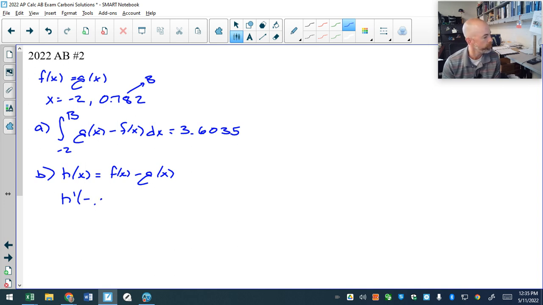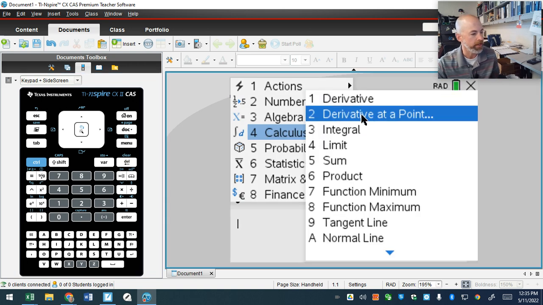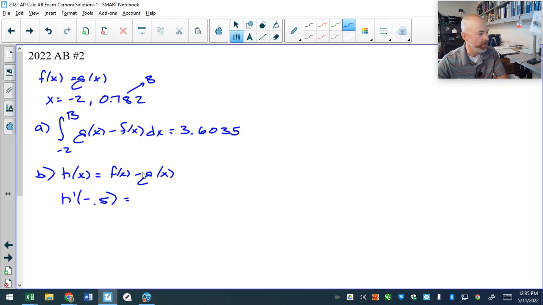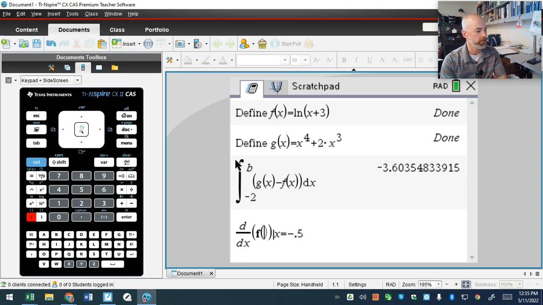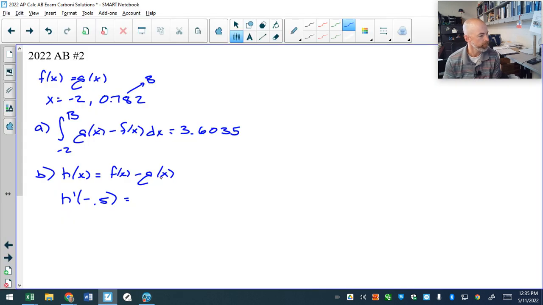So repeat questions. So h prime of -0.5 is, and we'll go to the calculator and use the derivative at a point command. So menu, calculus, derivative at a point. I'm plugging in -0.5 to the first derivative of f of x minus g of x. Enter, and I'm getting -0.6.